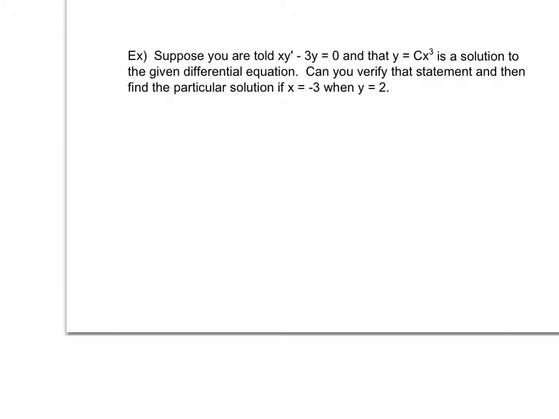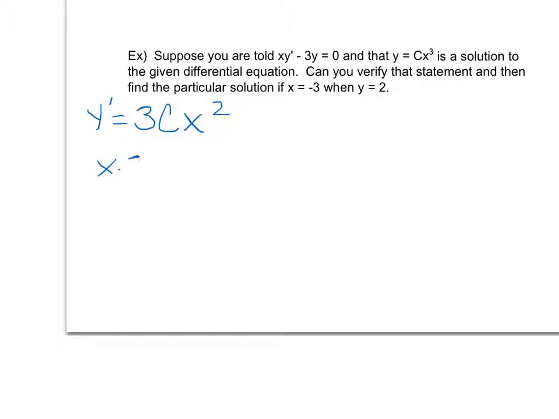In order to verify that this actually is a solution to this equation, I'm going to need to again find y prime, my first derivative. So I know that y prime is going to be 3cx squared. I'm going to go ahead and plug into this equation.